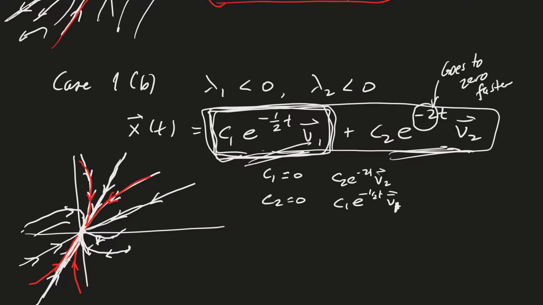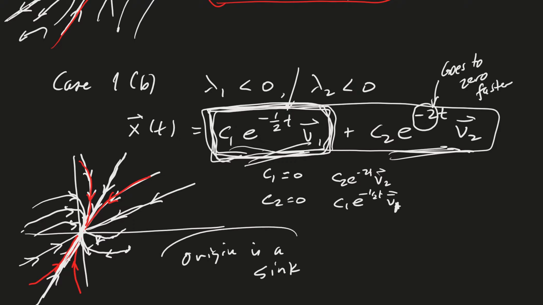It'll still be a little bit tangent. Okay, and so again, that was the vector along which the eigenvalue was the smaller of the two in negative terms. Okay, and so the origin in this case is a sink. And a sink is stable, asymptotically stable.